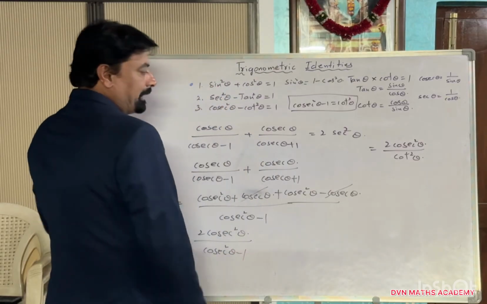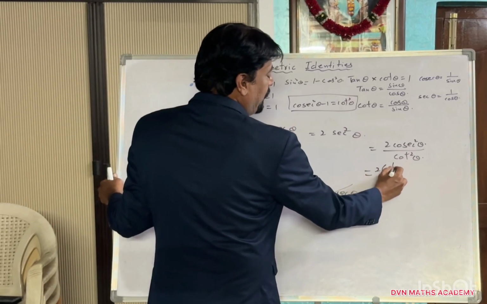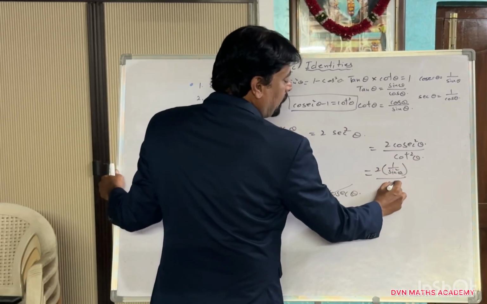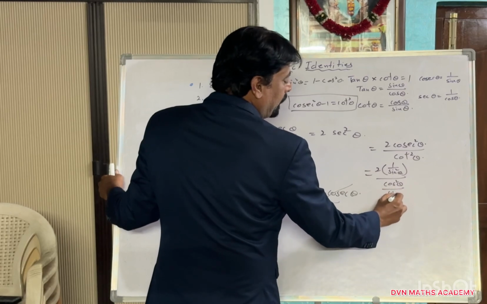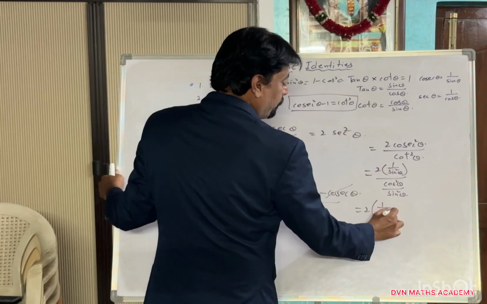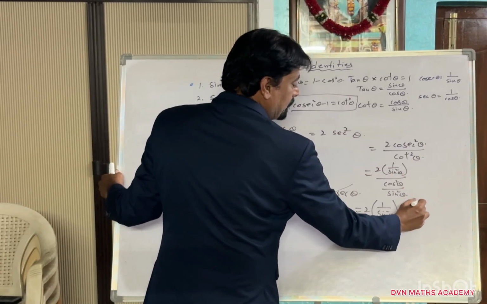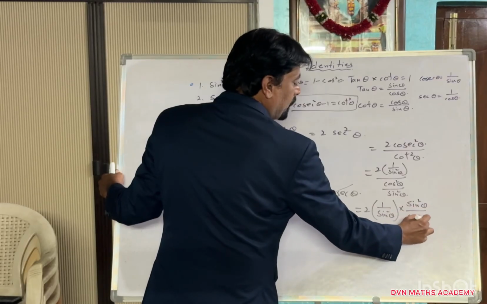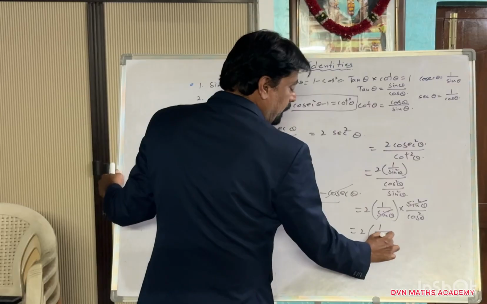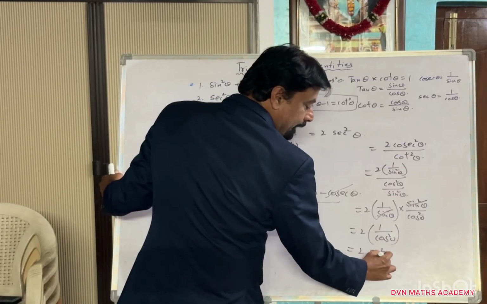Cosec is 1 by sin square theta, cot is cos square theta by sin square theta. Then 1 by sin square theta into the reciprocal, sin square theta by cos square theta. Sin square theta, sin square theta cancel. 2 into 1 by cos square theta.